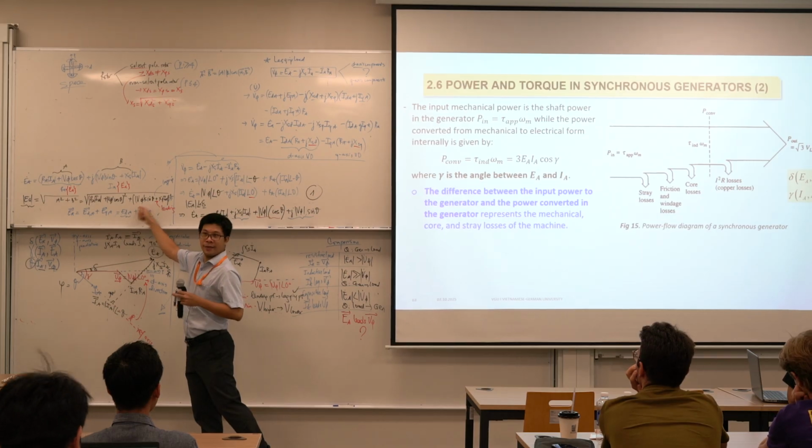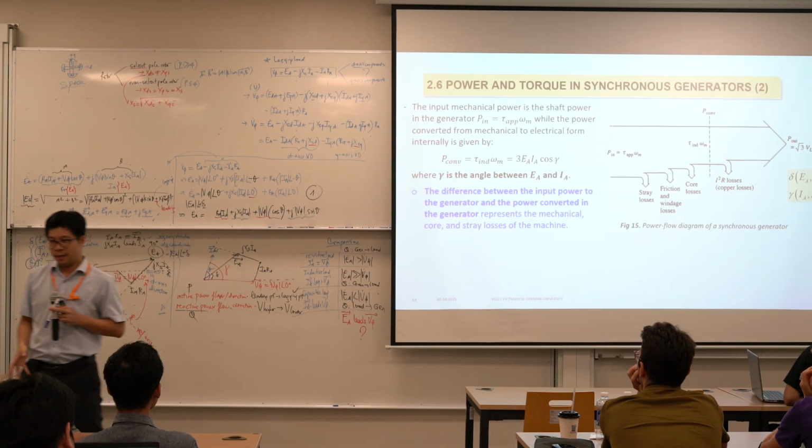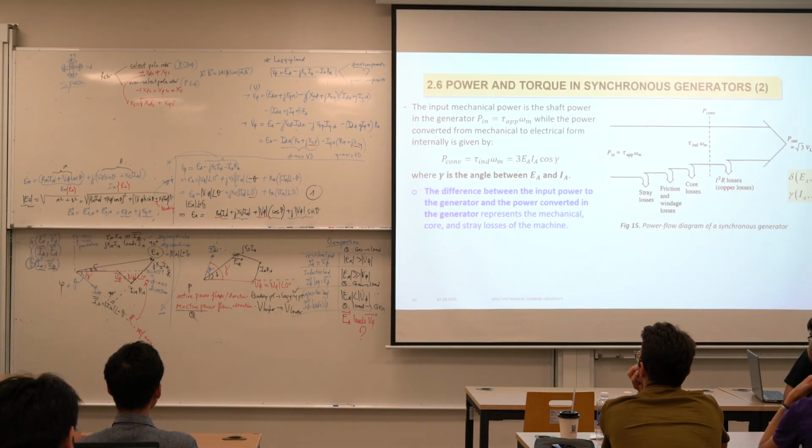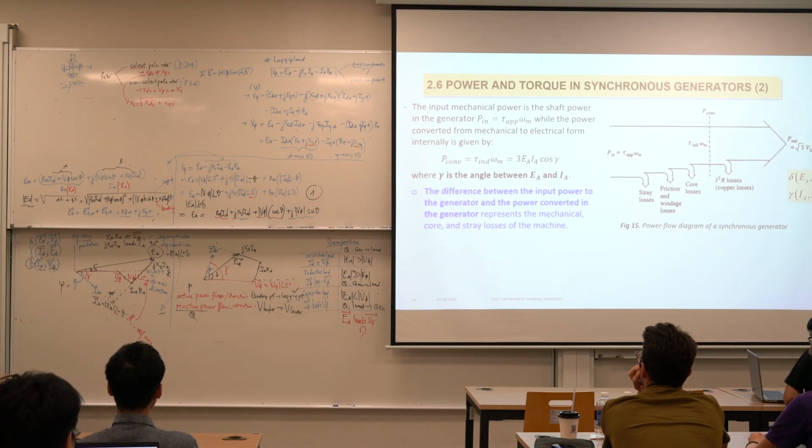If we know EA and IA, we can get the phase angle gamma, and we can get the converted power. You understand?